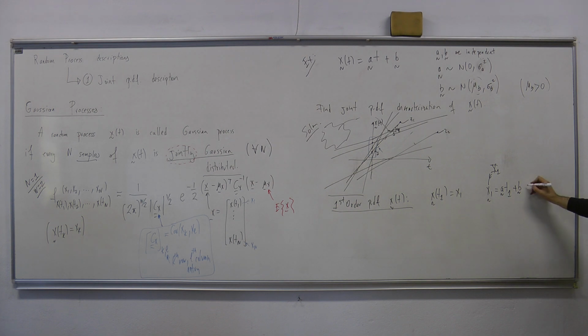Well, I think you will immediately agree. This is a linear mapping. Why do I say linear mapping? Because this random vector is mapped by some linear weighting, and the elements are summed up to form this random variable. So it's nothing but a linear combination of two random variables.